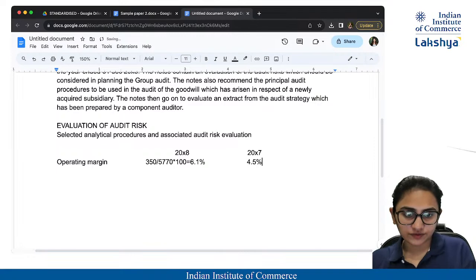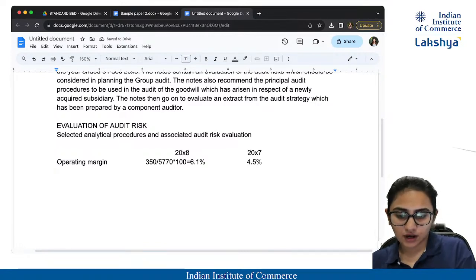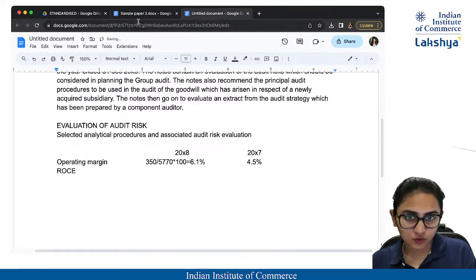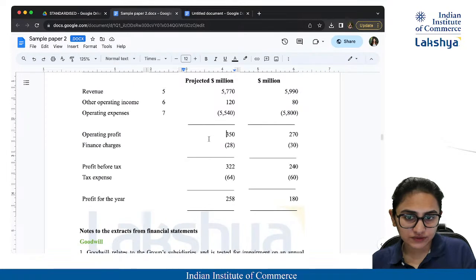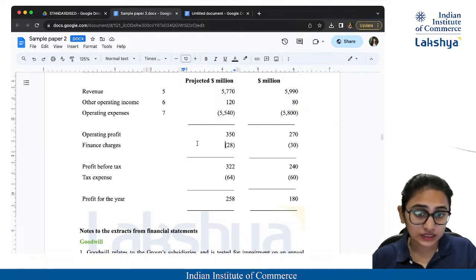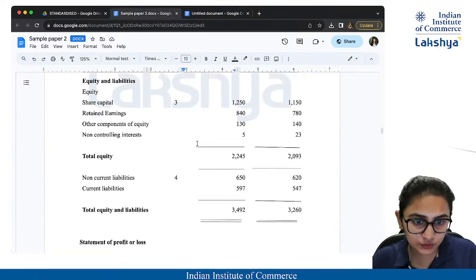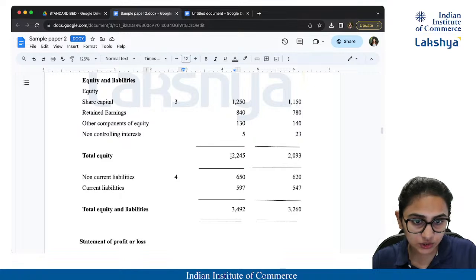It is 4.5%. And the next one we have is ROCE, that is return on capital employed. So what is the return that you have got? 350, because that is an operating profit. So 350 divided by the capital that you have employed into the business. So what is the capital that you have employed in the business? Total equity plus non-current liabilities.